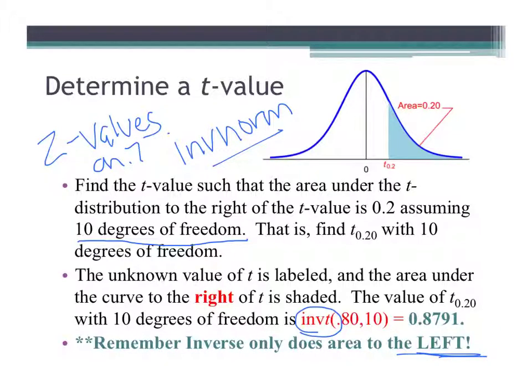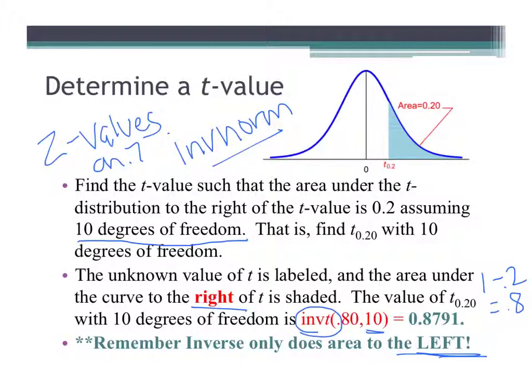And so if we want to the right of 0.2, then we have to actually do 0.80 because 1 minus 0.2 equals 0.8. And so if we go inverse t in our calculator, 0.8, and then that's the 10 degrees of freedom, it would tell you 0.8791.